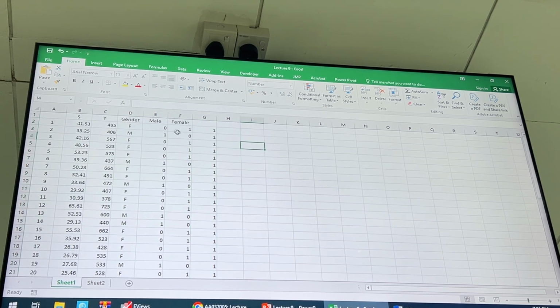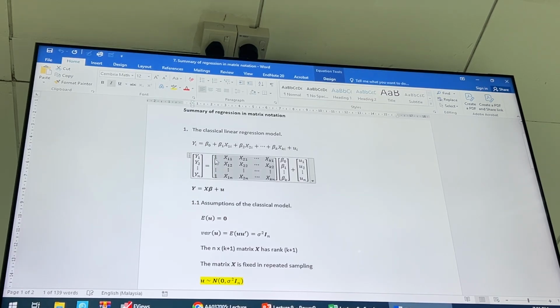Because this one plus this one is either 1 or 0. So if we take the sum of them, we have a column all equal to 1. You notice that the sum of all the dummy variables is equal to the first column. The first column equals 1 because it represents the intercept, right? So the first column in our X matrix equals 1.